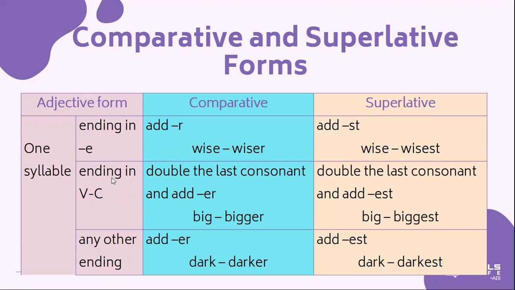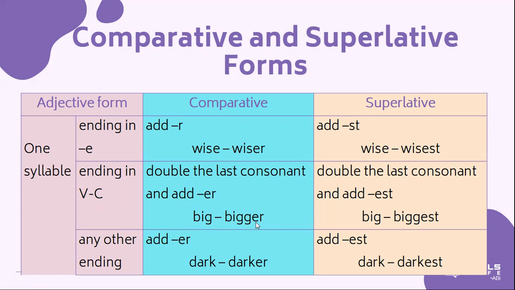When the word is ending in vowel and consonant, we are going to double the last consonant and add ER when it is a comparative. For example, in the word big, we are going to double the letter G and add ER at the end.